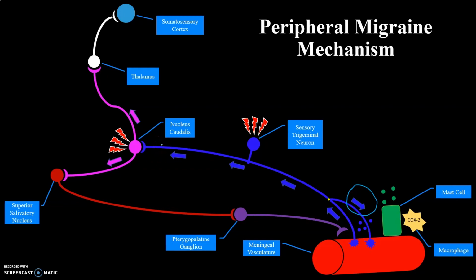So once this second order neuron or neurons have action potentials, they will then send action potentials in a couple different directions. One direction, as we're going up here, is to the thalamus. So I believe there are 5 thalamic nuclei that we know of that are connected to the nucleus caudalis.